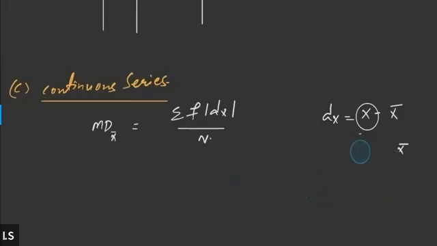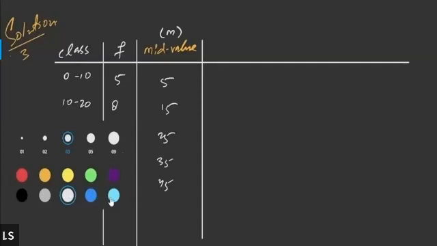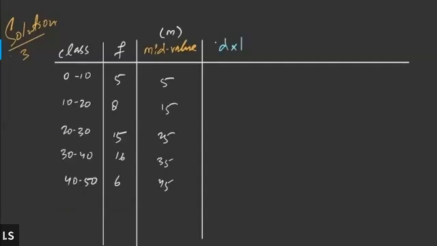Okay, so the formula will remain the same. The only difference is in the calculation of dx. Now let's move to the table. According to the formula, the first requirement of the question is dx.